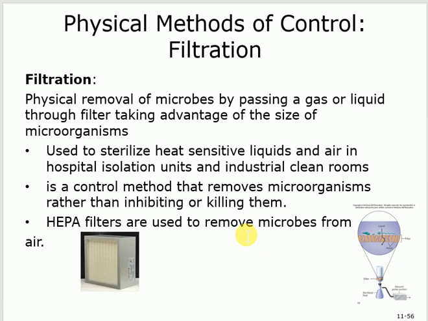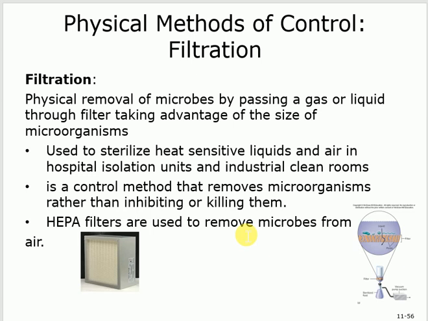Did we get the filters? How do they work? Do they kill anything? They do not kill anything. They just depend on the size. And this usually does not include the endospores, here is the issue that we're having with the filters.